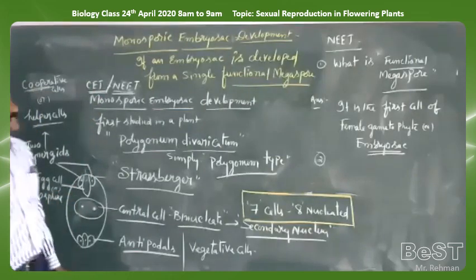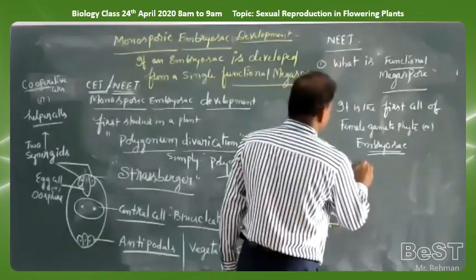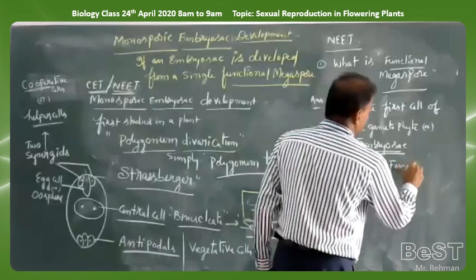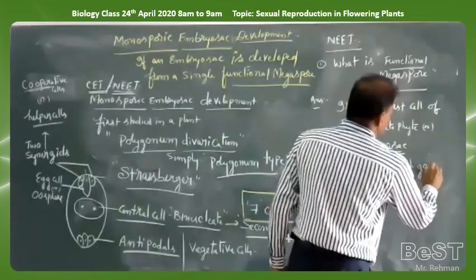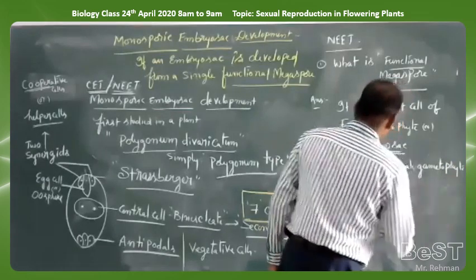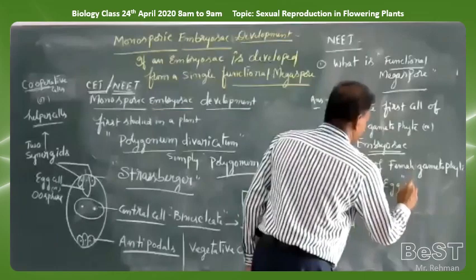So the last cell of the female gametophyte is the egg cell.